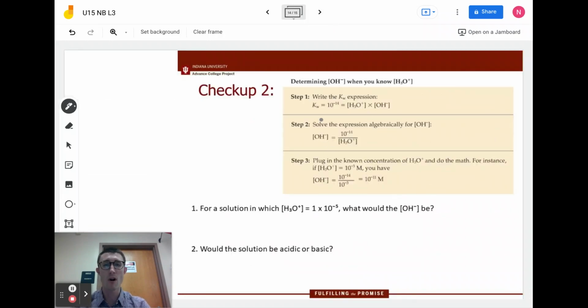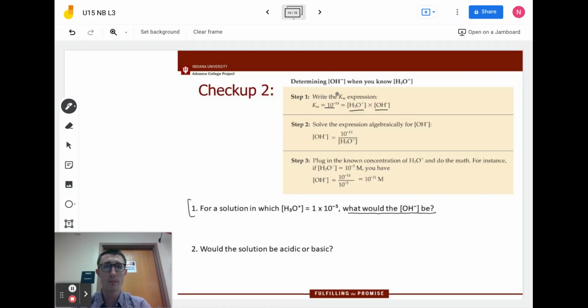Okay, so here are the steps for a calculation like this. We've got our equilibrium expression. So 1 times 10 to the negative 14th equals our concentration of hydronium times our concentration of hydroxide. So let's look at an example. We've got the given hydronium concentration, and we want to know what would be the OH minus concentration.